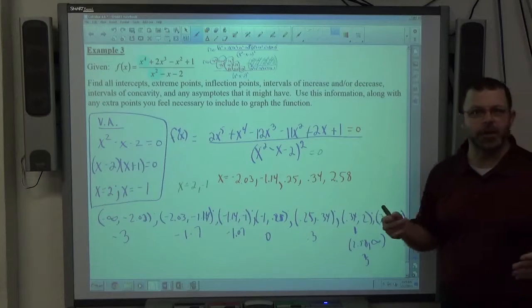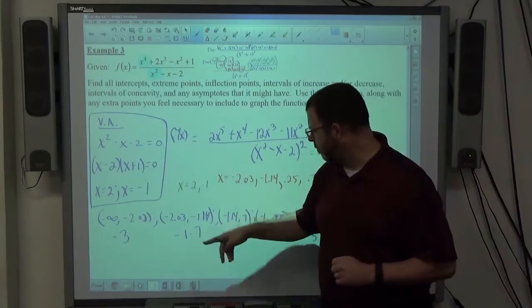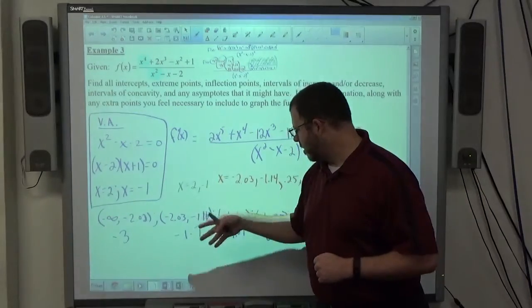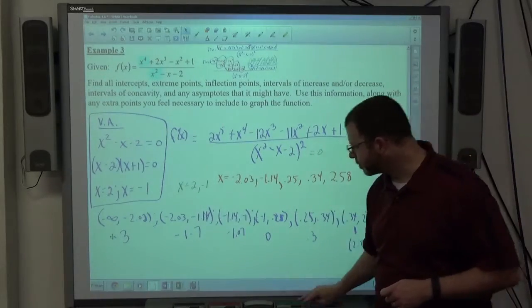Nothing magic about the numbers, just numbers within the interval. I was trying to stay away from things that make the bottom equal 0.